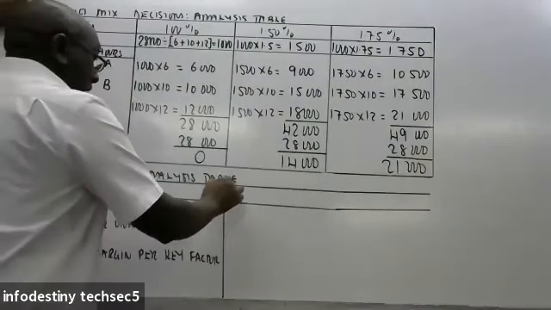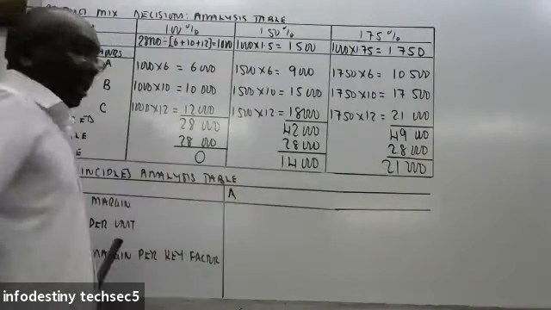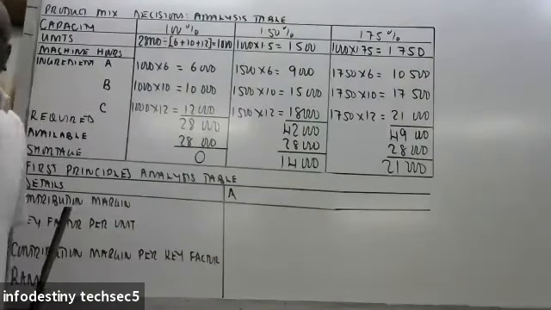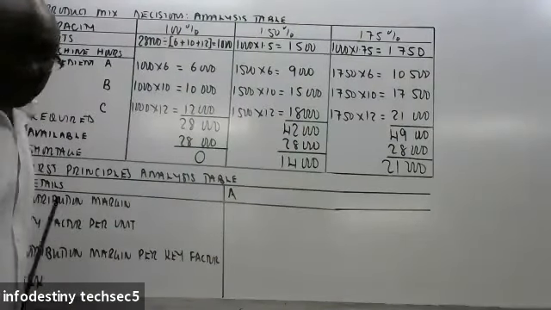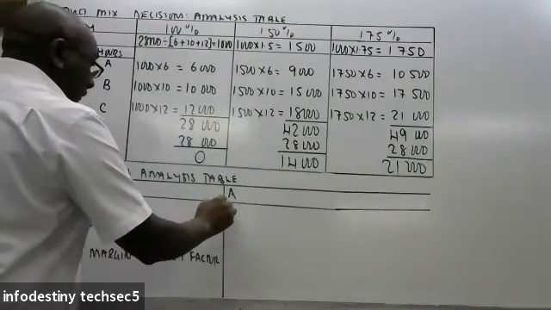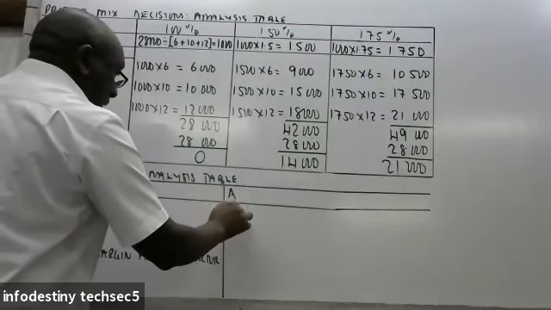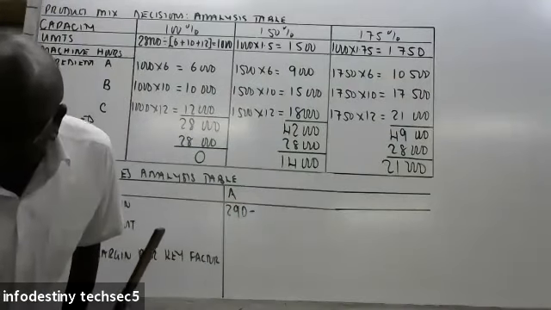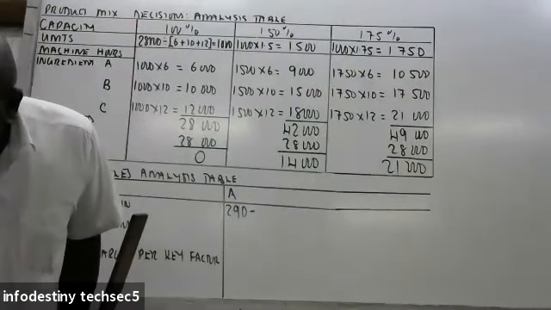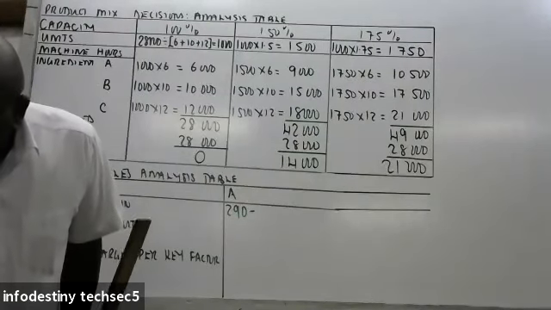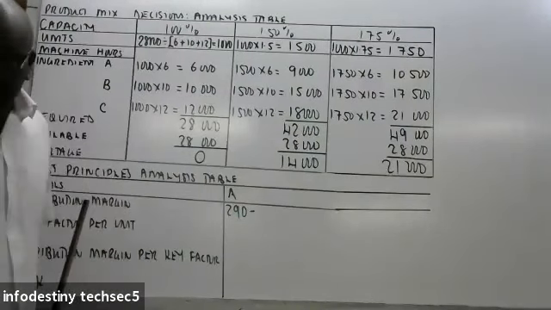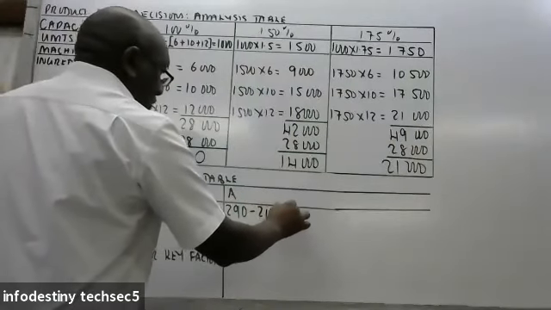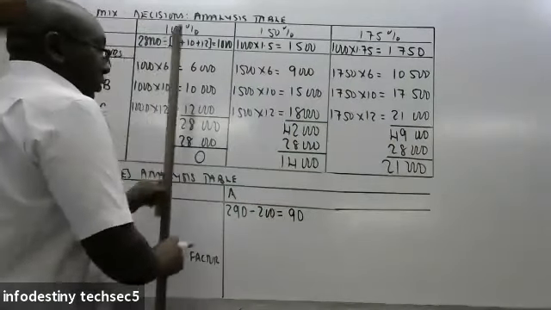So if that is okay, let's get ingredient A. Going to information 3, you find that ingredient A, we are supposed to get it at 290. But going back, the variable cost of ingredient A is 200. So that tells you it has a contribution margin of 90.